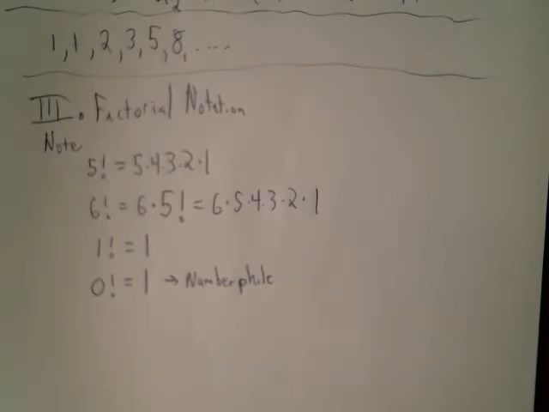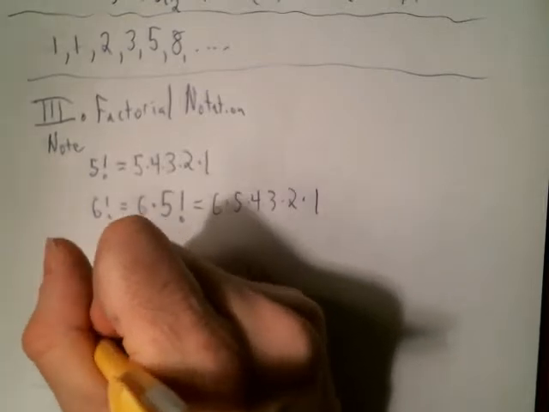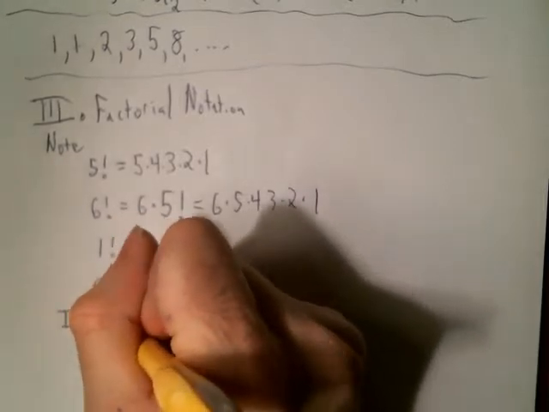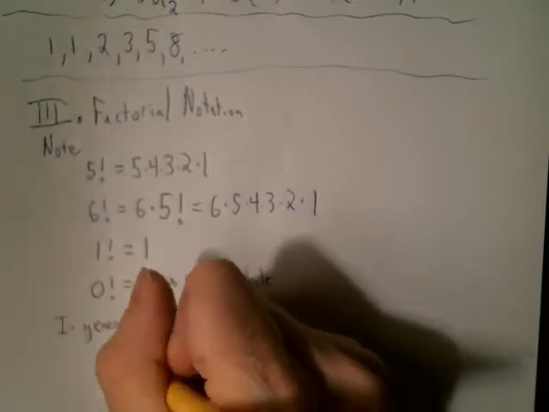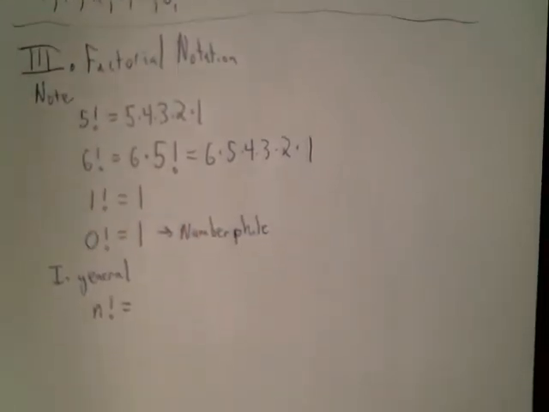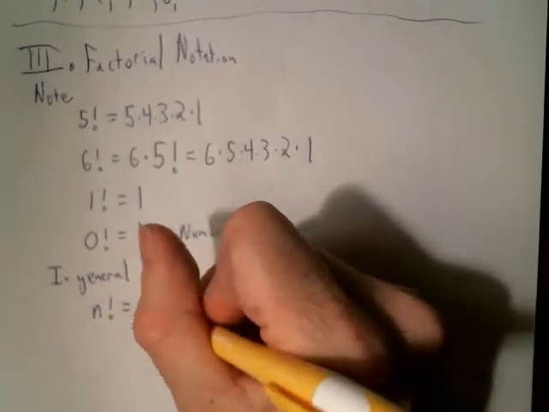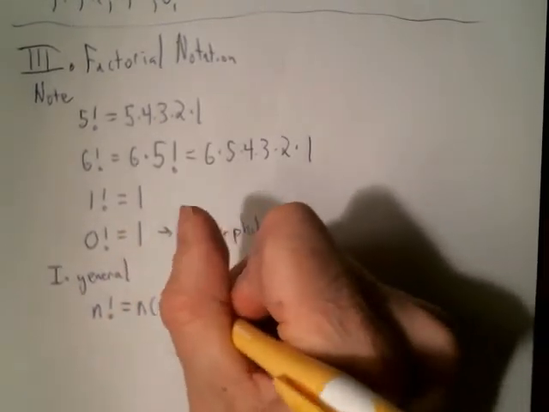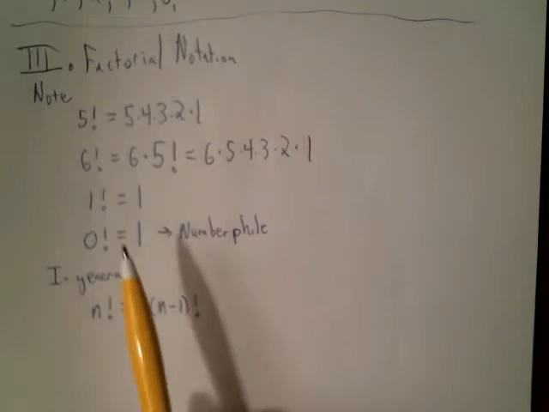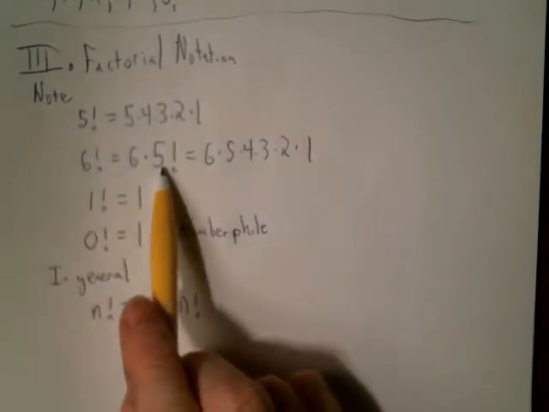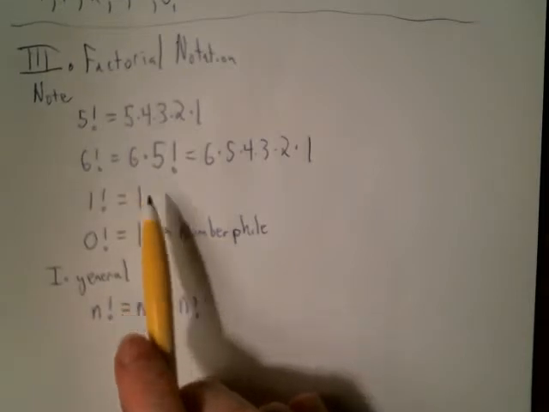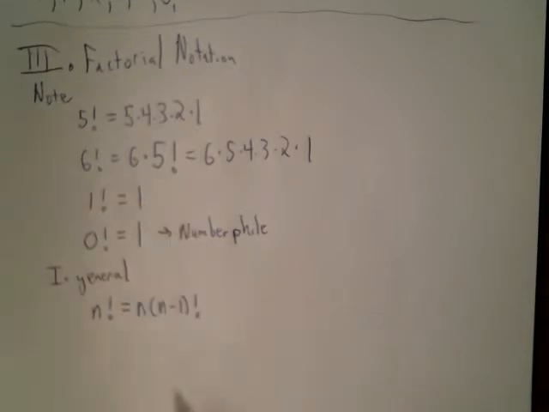What else? Oh yeah, in general then, n factorial, you can think of recursively as n times n minus 1 factorial. So just like with the 6 factorial is 6 times 1 less than 6 factorial. That's what that says.